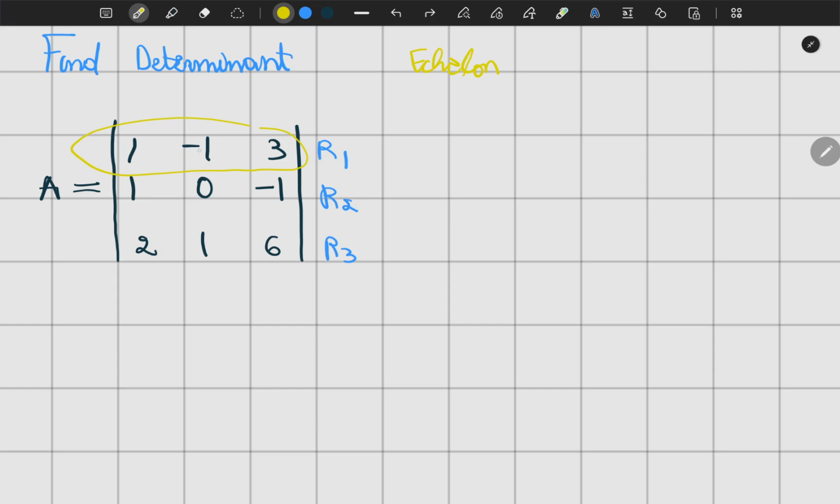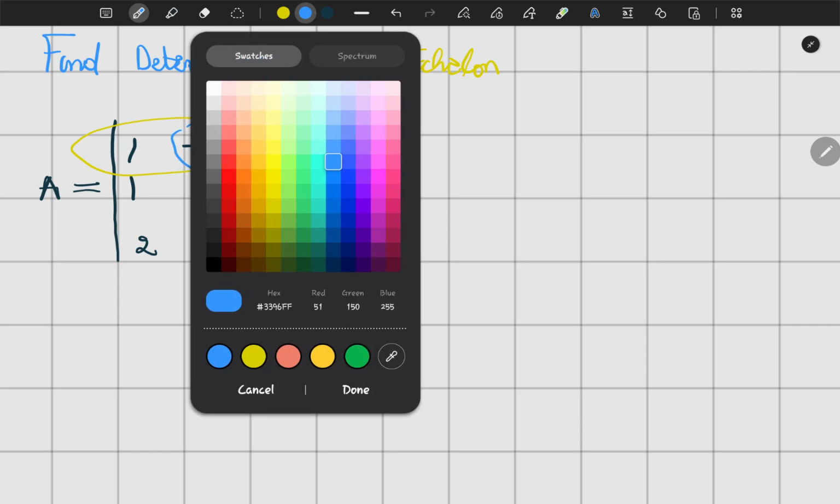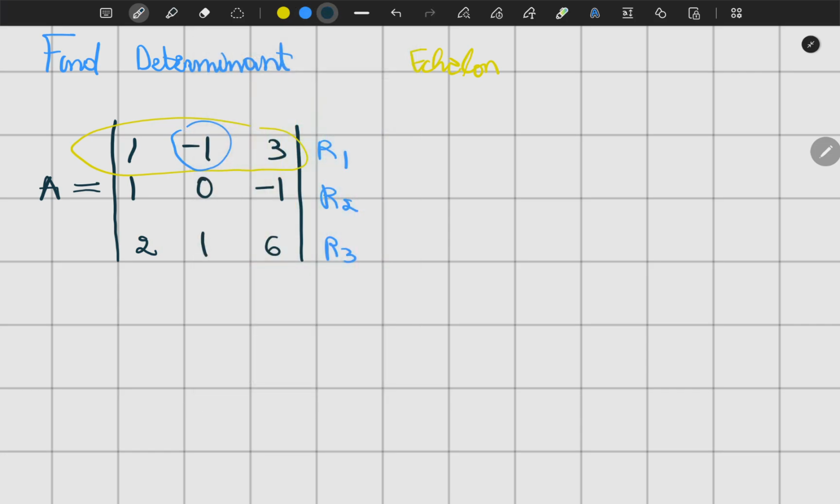In order to make it 0, there is one trick. We can use the echelon method, but we're going to use it once. You can see that if you take this one plus that one, you will get 0.